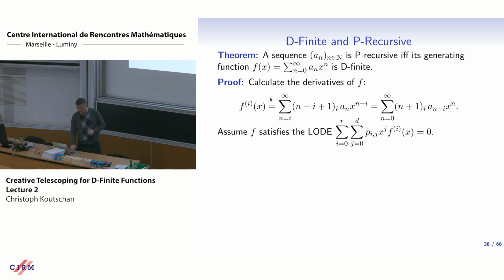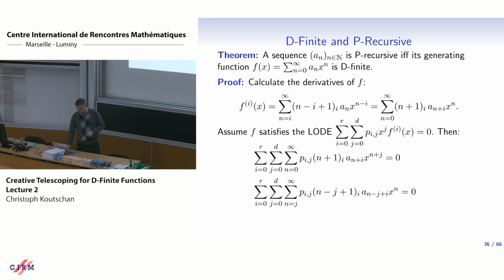So now if we assume that f is D-finite, it means it satisfies an ordinary differential equation, linear of this form. So we have certain powers of x, we have cleared denominators so that we really have polynomial coefficients, and we have the derivatives of f. Then we plug this in. Okay, we get this here. And then we do a little bit of rewriting.